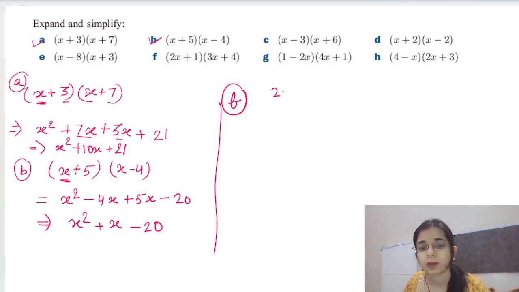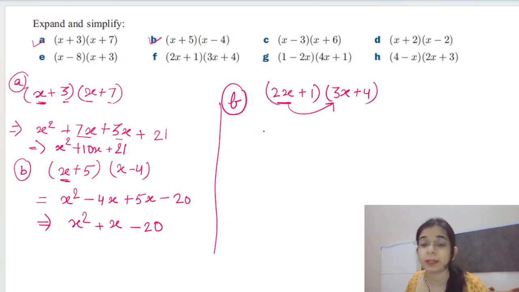So this is 2x plus 1 getting multiplied with 3x plus 4. We'll take 2x getting multiplied with 3x. So first we will multiply all the constants, 2 into 3, 6, then the variable x square. Now 2x is getting multiplied with 4, 2 into 4, 8x.